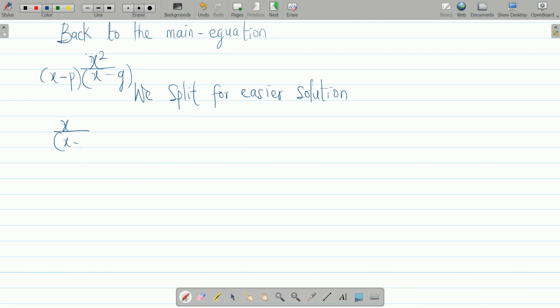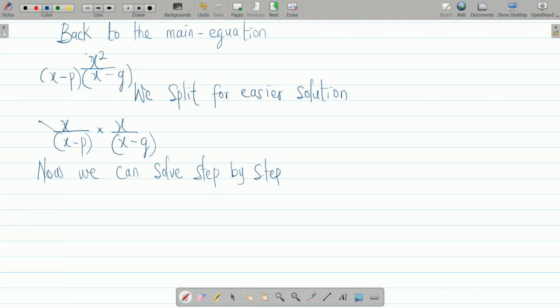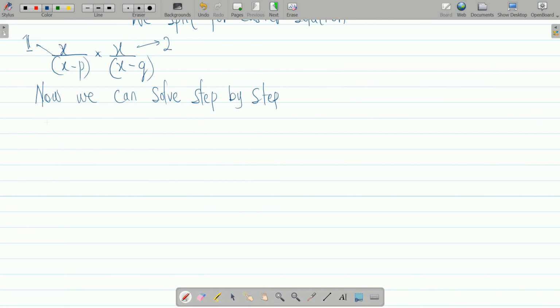This will be x over x minus p and x over x minus q. Now we can solve step by step. Identifying the expressions as equation 1 and equation 2 is the first step.